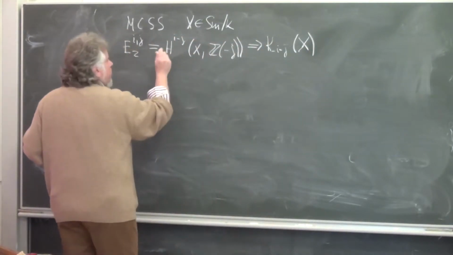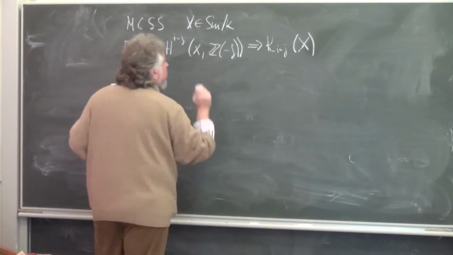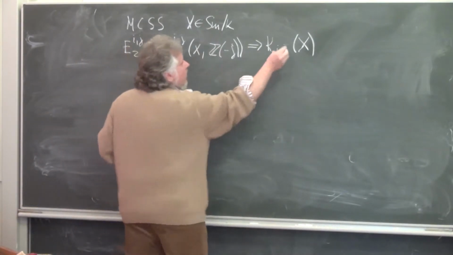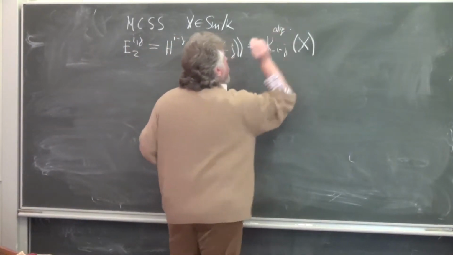Here H is Motivic cohomology, Z is the Motivic complex of Voevodsky, and K is, of course, now algebraic K-theory.